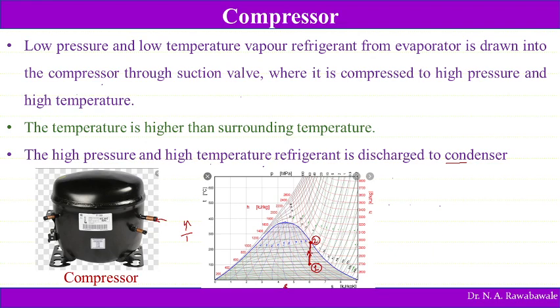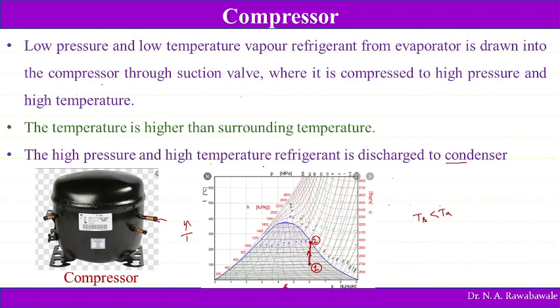As I told you, the refrigerant which enters the condenser has high temperature and high pressure. The temperature of the refrigerant is increased in the compressor in such a way that it is greater than the ambient air temperature, and the form of this refrigerant when it enters the condenser is dry saturated vapor.